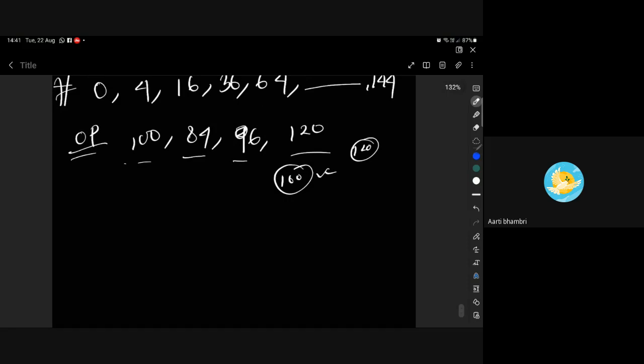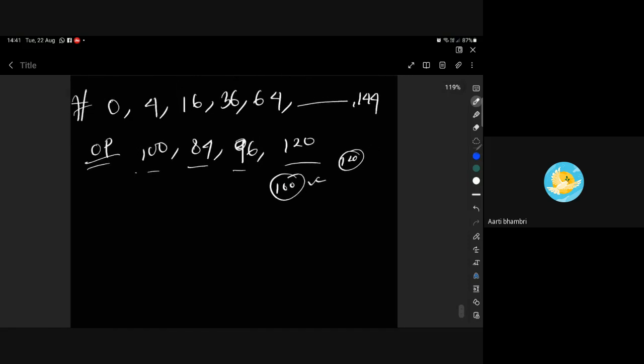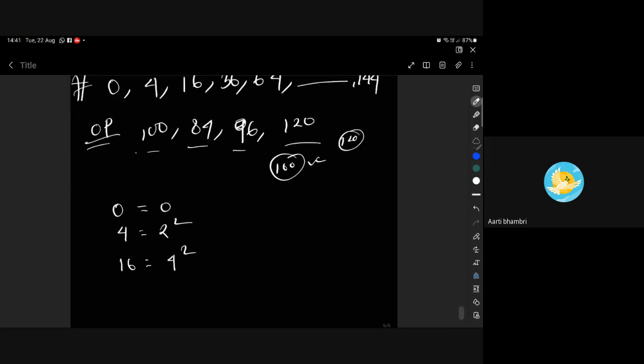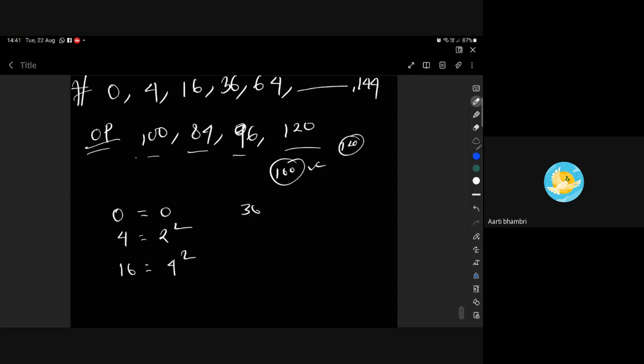Let's solve this. 0 we can write as 0 square. 4 we can write as 2 square. 16 as 4 square. 36 as 6 square. Then 64 means 8 square.